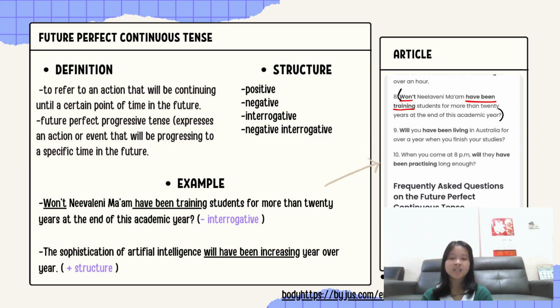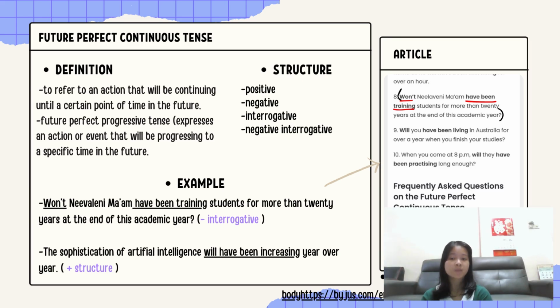So, this sentence is the example for the negative interrogative sentence of future perfect continuous tense. The formula for the negative interrogative structure is won't plus subject plus have been plus verb in the ing form.